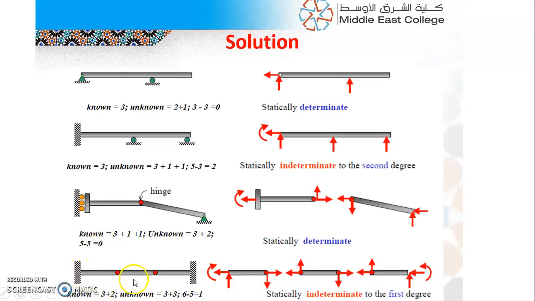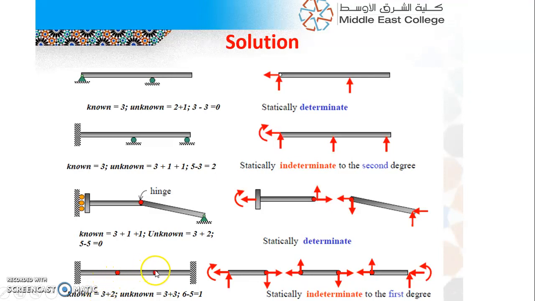Coming to the last example for beams, the given question is a fixed beam with 2 hinges. In a similar way, first you have to find R. 3 plus 3, 6: 3 reactions for each fixed support. So there are a total of 6 reactions, and unknowns are 6. Coming to knowns, as we know, knowns are 3.